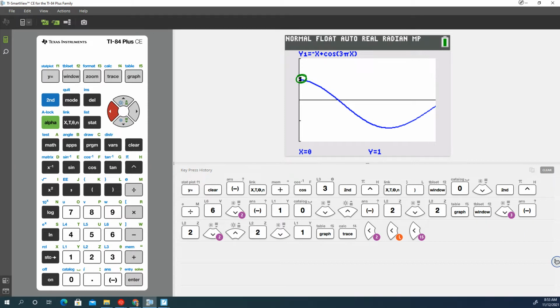And obviously this dips down below my x-axis, so that's going to be my absolute max. You can just use the trace button to find that when you have an endpoint.